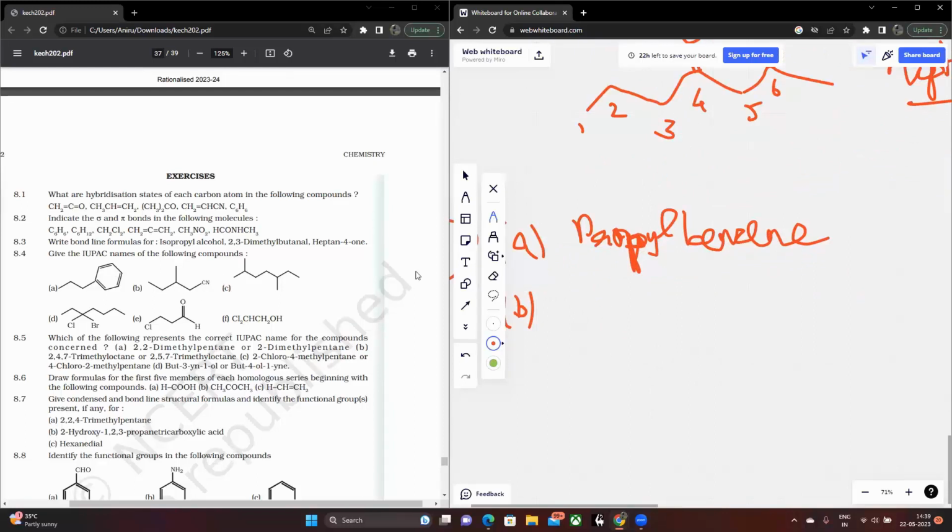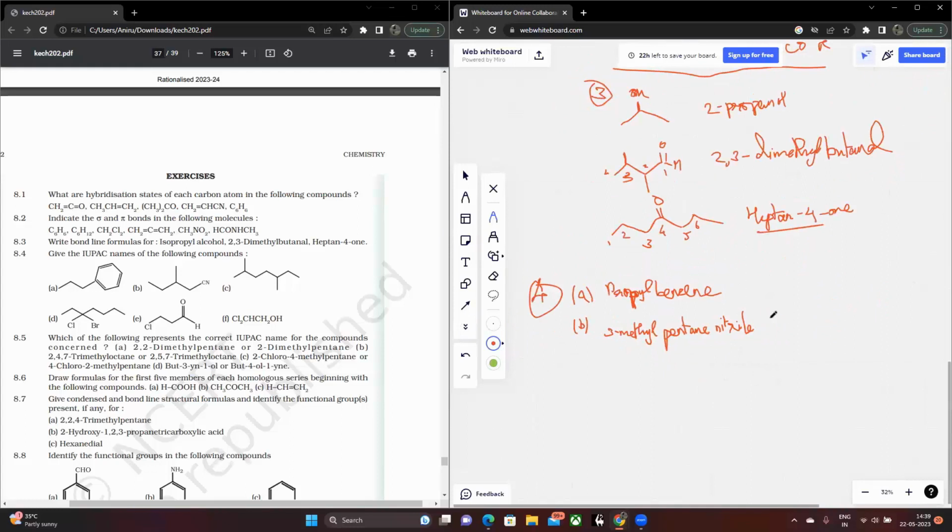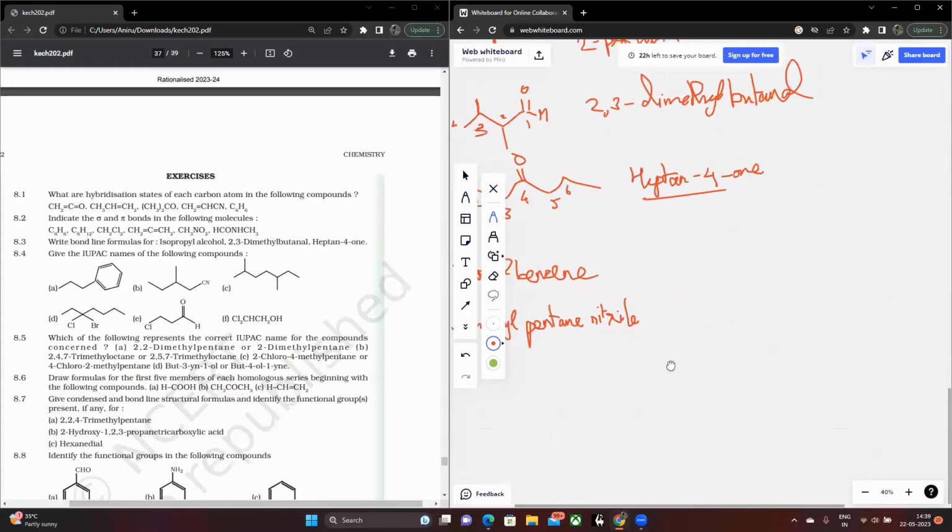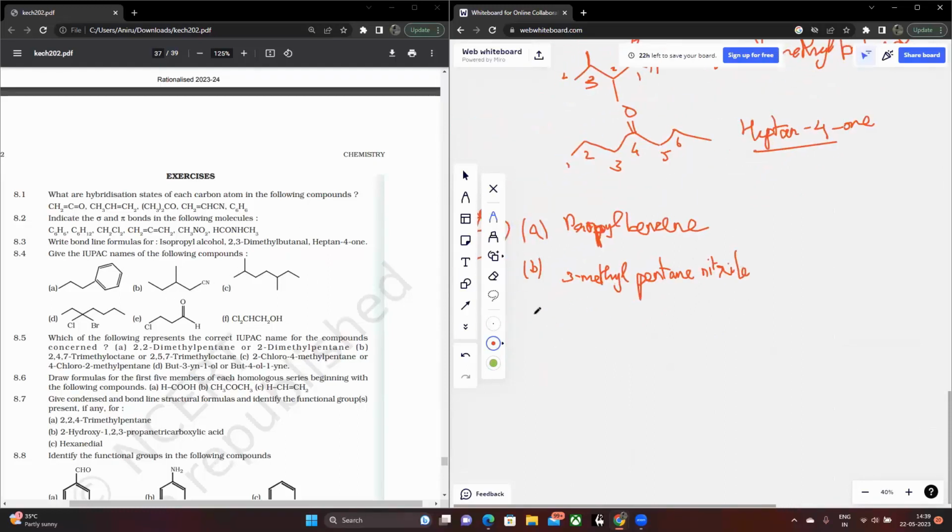That is a place where most people get tripped up. So this is basically 3-methyl, this is pentane nitrile, right? You don't use cyanide when you're dealing with IUPAC. Cyanide is your colloquial, local nomenclature. It's not IUPAC. This is 3-methylpentanenitrile.